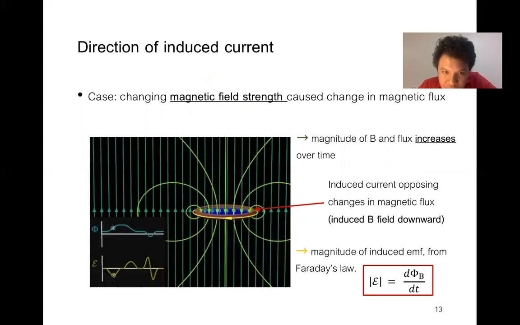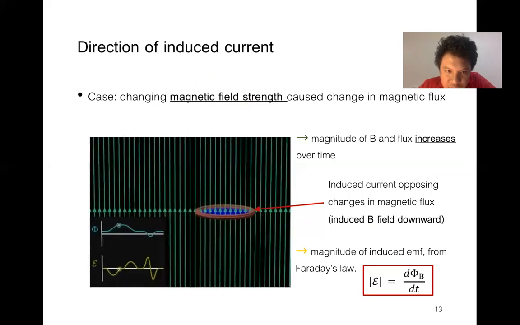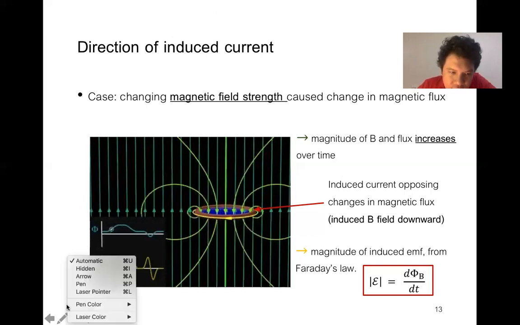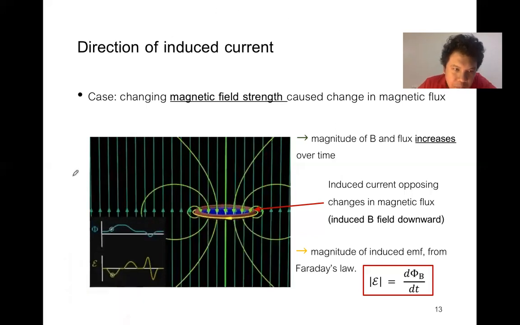So when the magnetic flux increases, and here you can see that the magnetic field is in the upper direction. So with increasing B, we see that the change in magnetic flux occurs in the up direction.